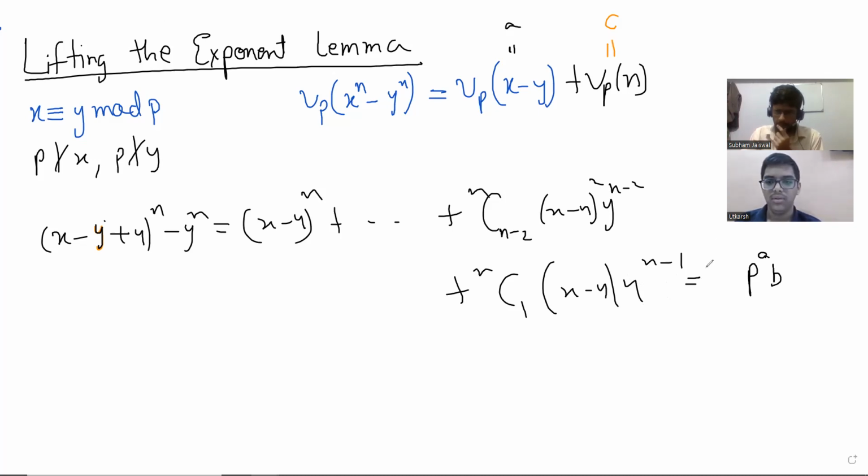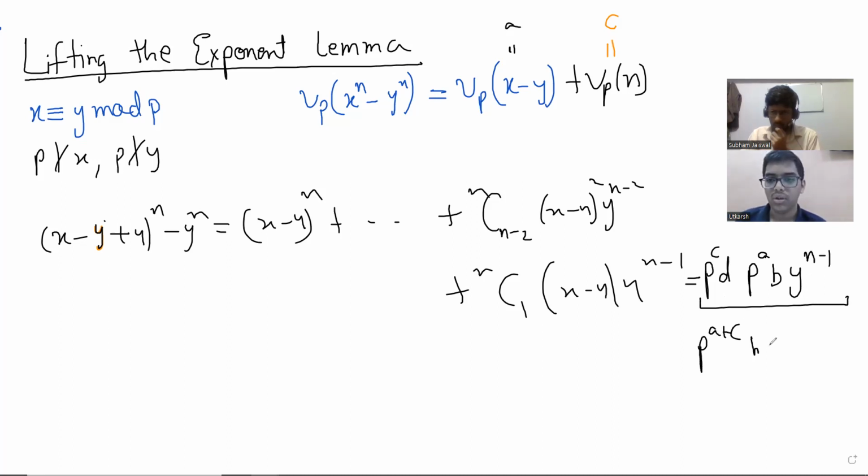Here we have NC1, so it is n, into y raised to power n minus 1, and y has no power of p because p does not divide y. So this becomes p of a plus c into b d, where p also does not divide b and d. Yes, that is fine.